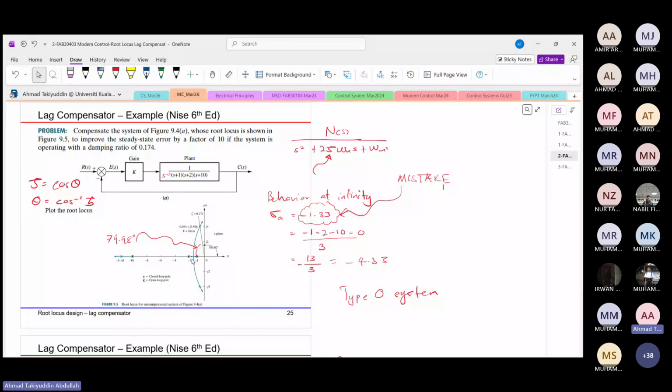The solution here comes from tools like MATLAB, which will give the exact point up to 3 numbers after the decimal point. This is the dominant pole, the point of intersection of your locus and the zeta equal 0.174 line.